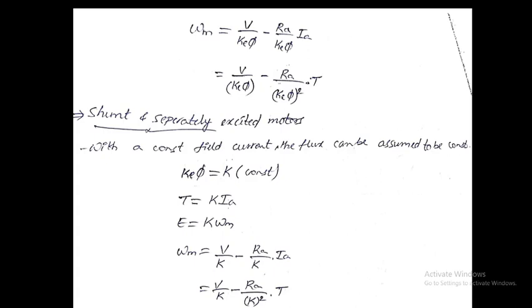Now again, E is equal to V minus Ia Ra. E can be replaced with K into omega m. By keeping omega m alone on the left side, omega m is equal to V by K minus Ia Ra by K. Ia can be replaced with T by K, so that the equation becomes V by K minus Ra by K square into T.